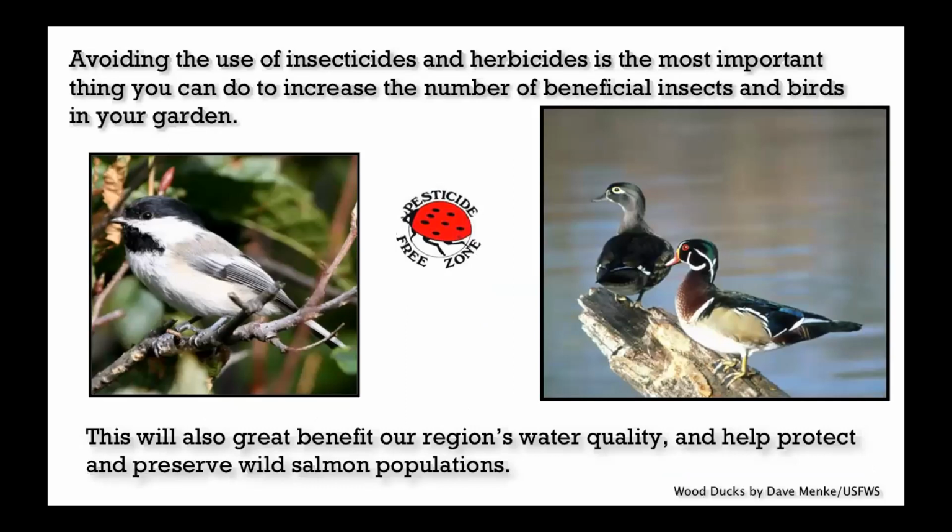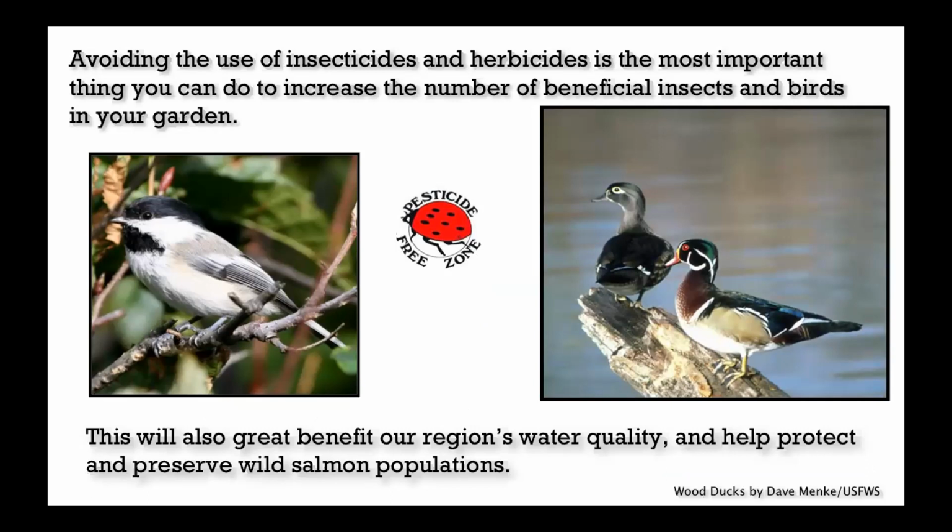And really one of the most important, or the most important thing you can do, is to avoid using insecticides and herbicides. It will really make a difference in increasing the number of wildlife and the variety of wildlife that visit your garden, but it will also help our wildlife thrive. And it will preserve our water quality.